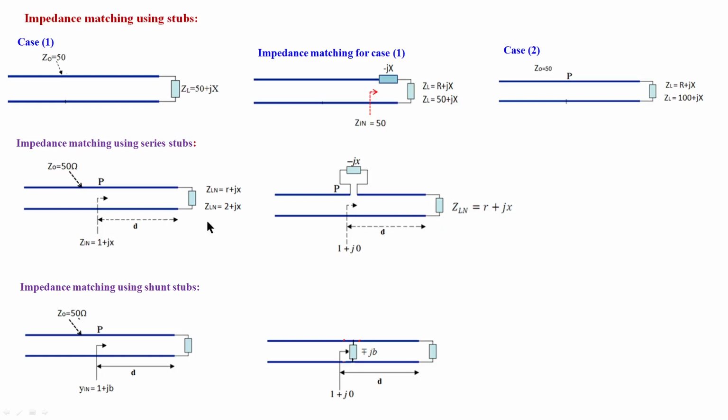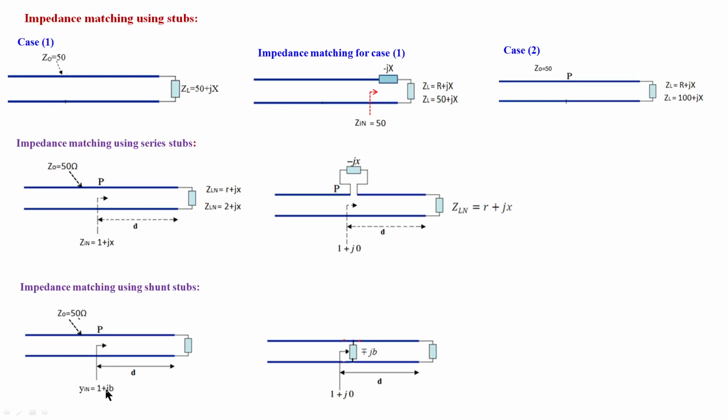If you want to connect a series stub, then we have to find an impedance in this form. If you want to use a shunt stub, and usually shunt stubs are preferred instead of series stubs, then you should move over a transmission line, and wherever the admittance has a real part, that is the conductance value, equal to 1, you should stop.